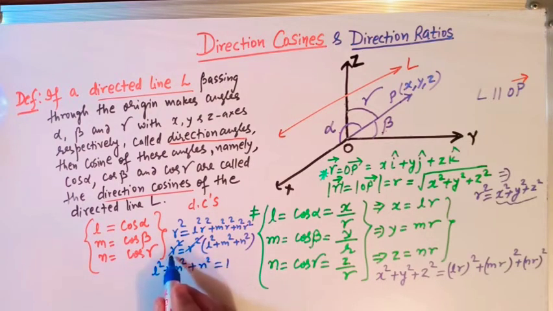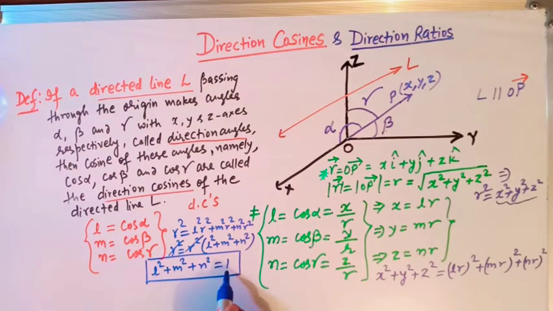So always remember that l square plus m square plus n square is equal to 1. It means the sum of the squares of the direction cosines of a line is equal to 1, right?